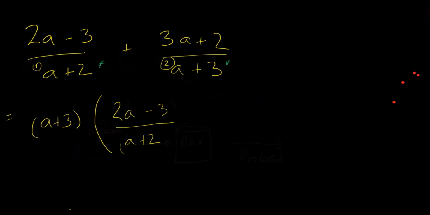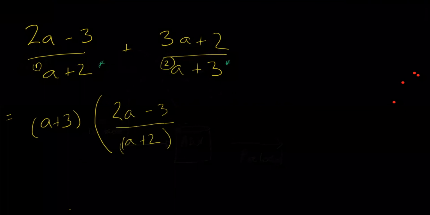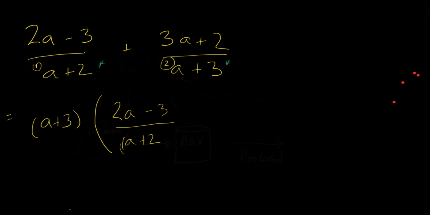I'm just going to put a bracket around there, actually. I'll leave it as it is. Okay. And then I'm going to take the first term and multiply the second one with it. So that's going to be a plus 2. Agreed?